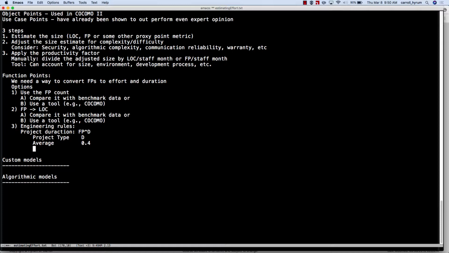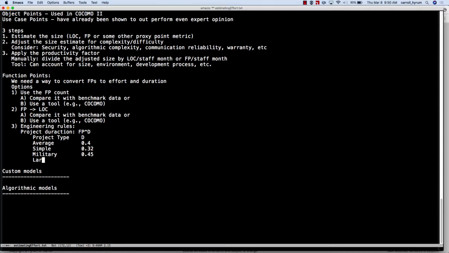But maybe it's a simple project. Then we would raise it to the 0.32 power. If you're dealing with a military project with its restrictions, qualifications, overhead, etc., it's 0.45, so that's suggesting it's going to take a longer time frame than the average project.